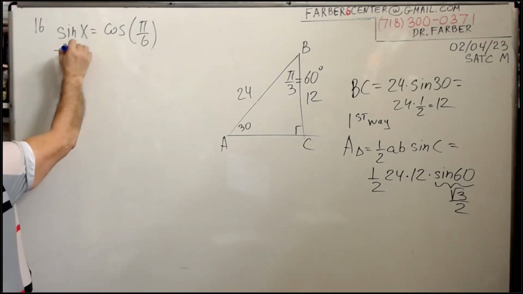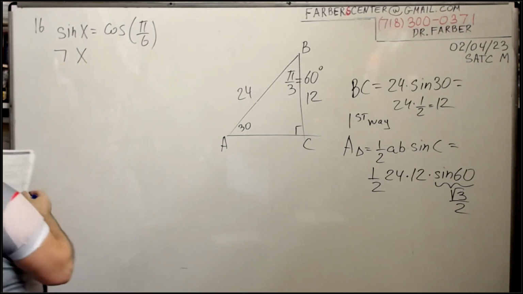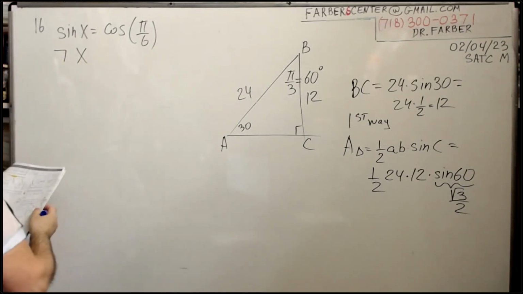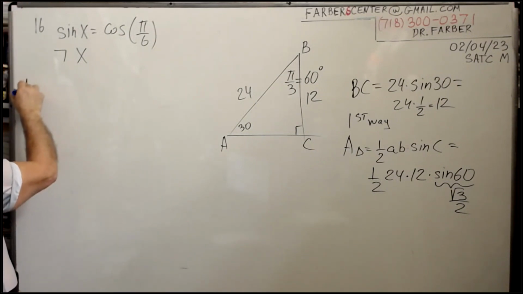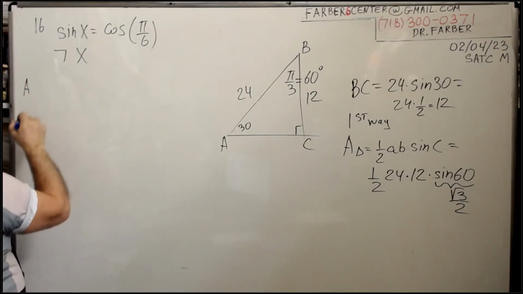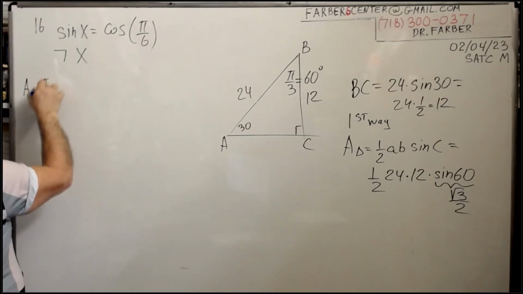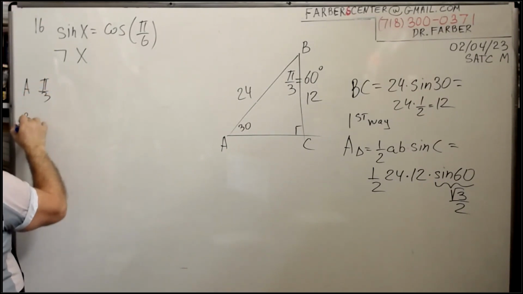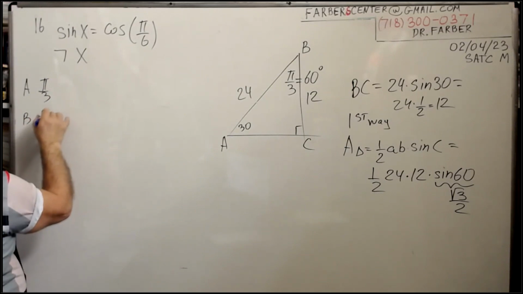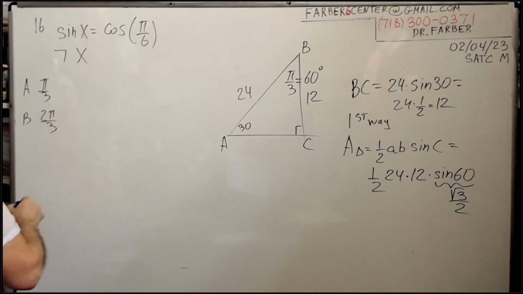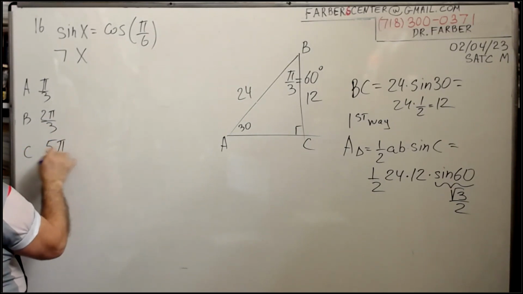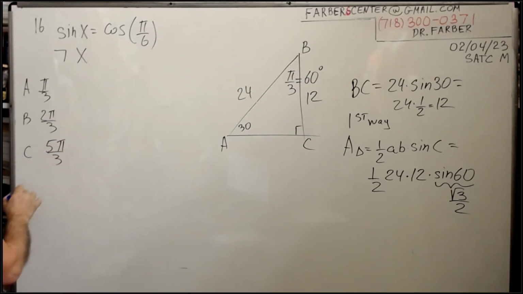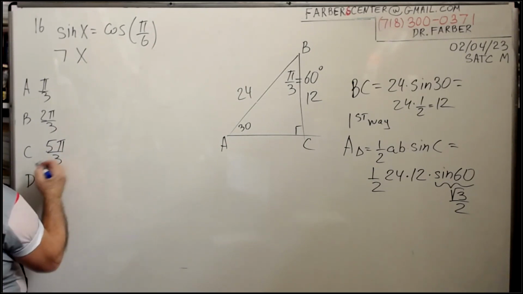Not x. Negation, not x. And let me use multiple choice. A is, what is it, pi over 3. B is 2 pi over 3. C, 5 pi over 3. And D, 7 pi over 3.